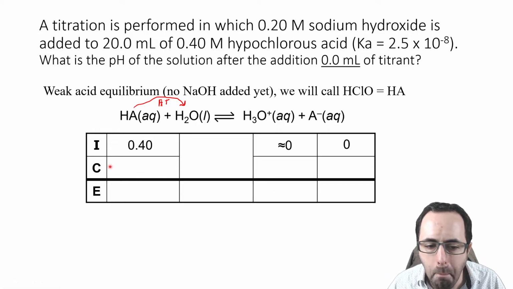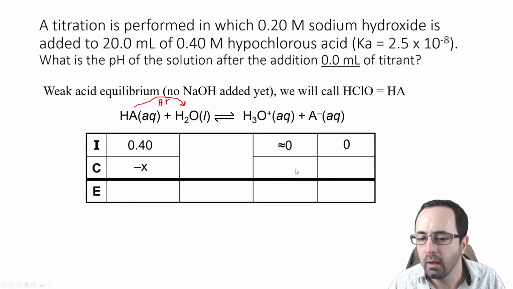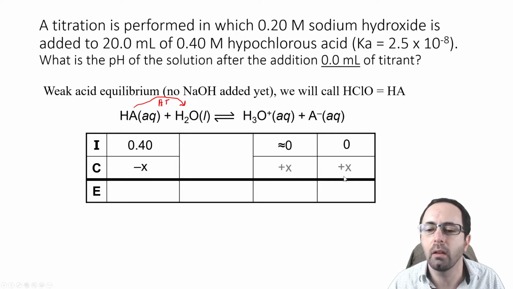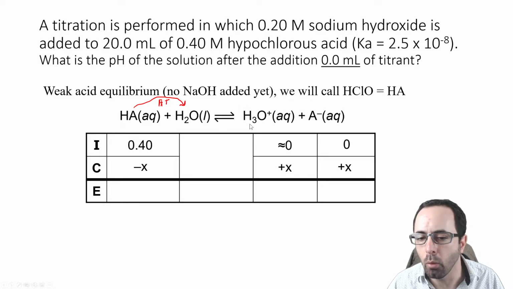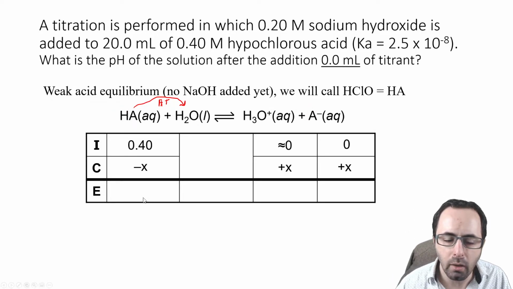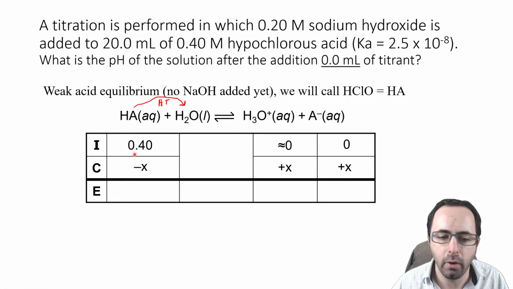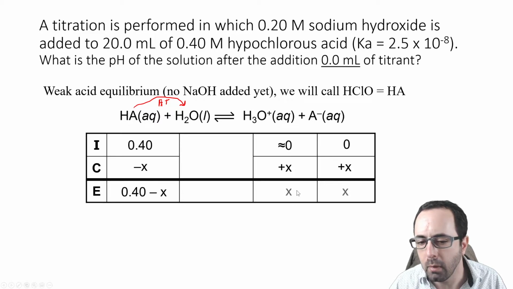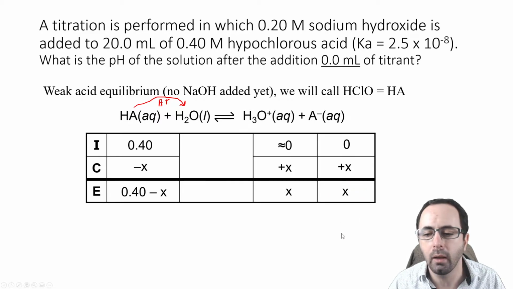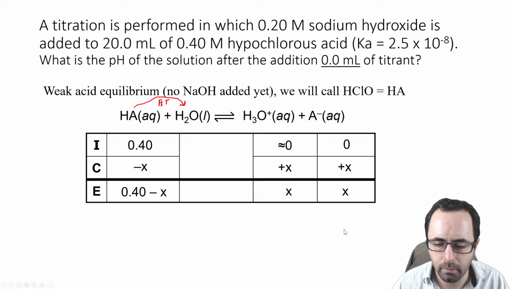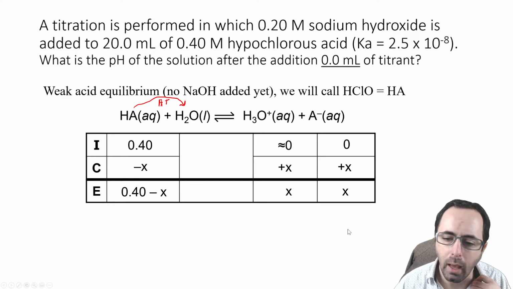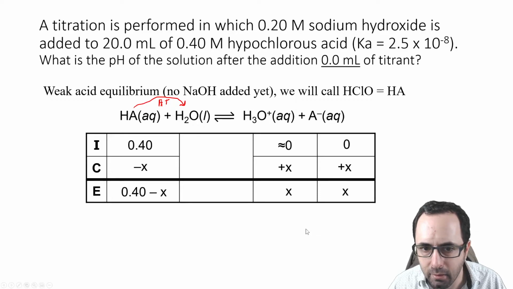And so we're going to say minus X right here. Then we'll say plus X and plus X right here. All of these are plus 1X because all of the coefficients are 1 here. So our equilibrium concentration for the weak acid is 0.40 minus X. For the hydronium, it's X, and for the anion here, hypochlorite ion, it is X. So now we write out the Ka expression.